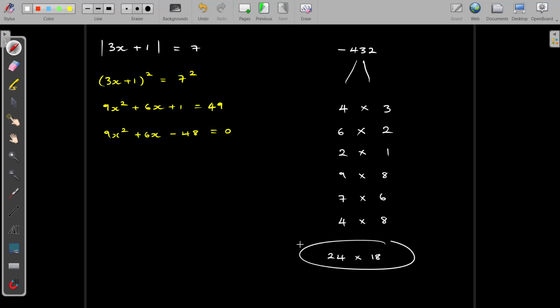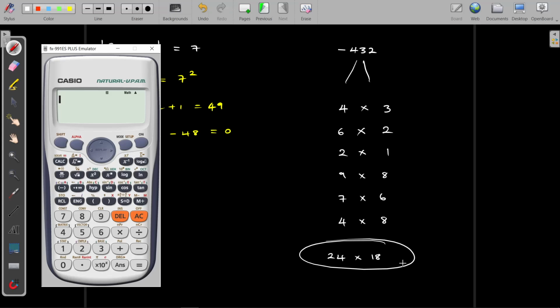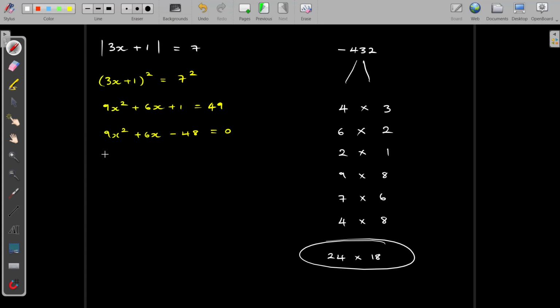I think this might be the one that we're looking for. Let me double check. 24 times 18. Yes, sir, that's the one. Okay. So it's positive 18 and negative 20. No. Positive 24 and negative 18, right? Mm-hmm. Okay.